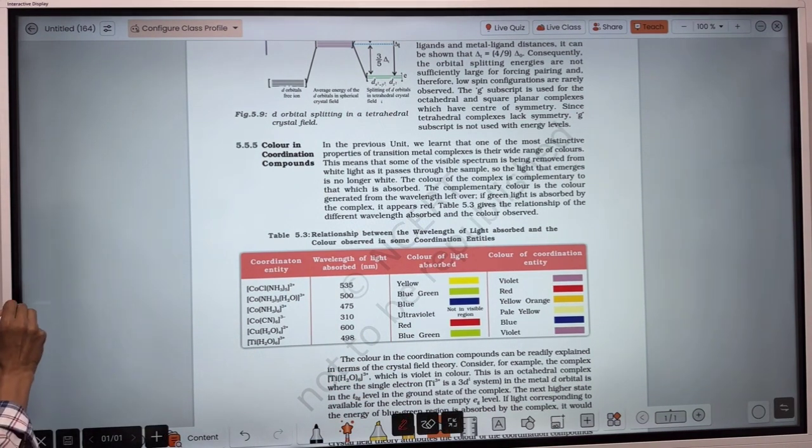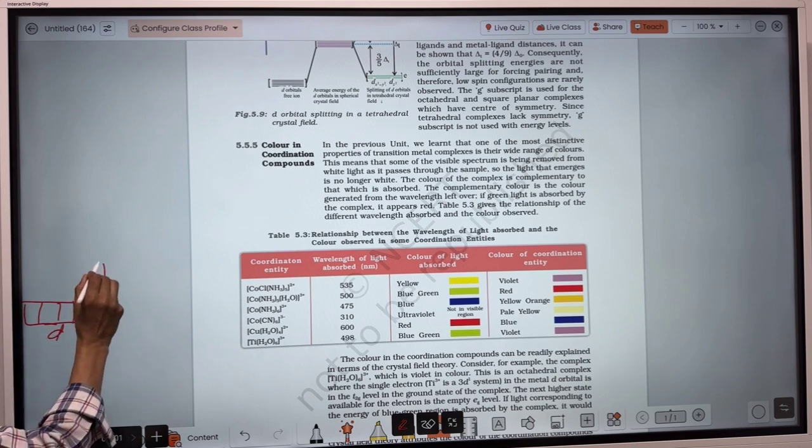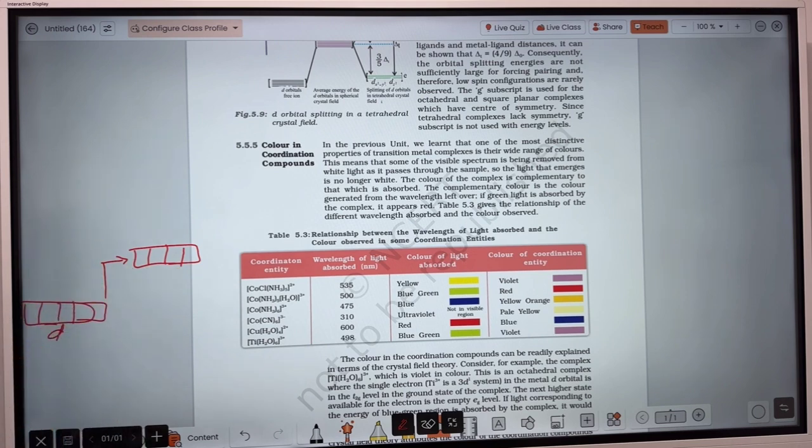So you have already seen that here the d orbital energy has increased. Firstly, in the case of the octahedral complex, let's see.